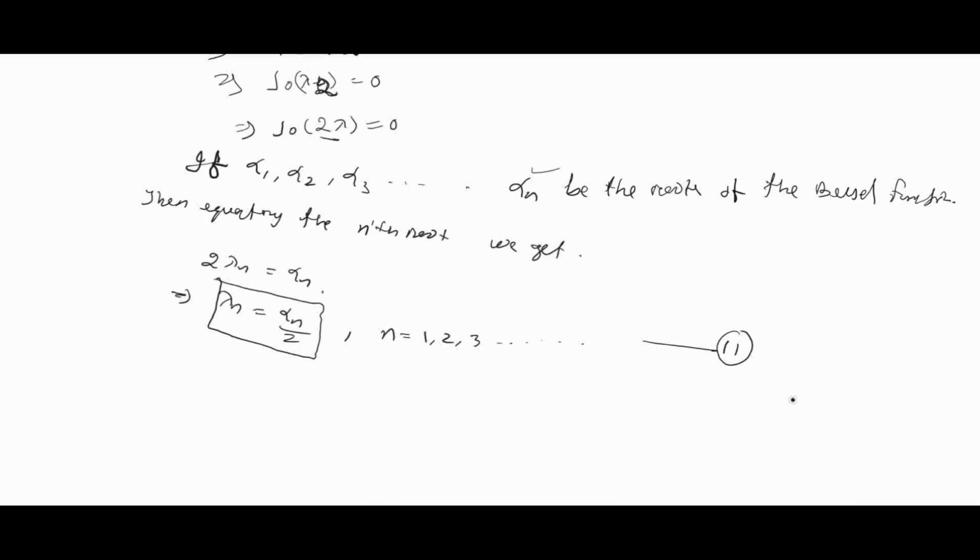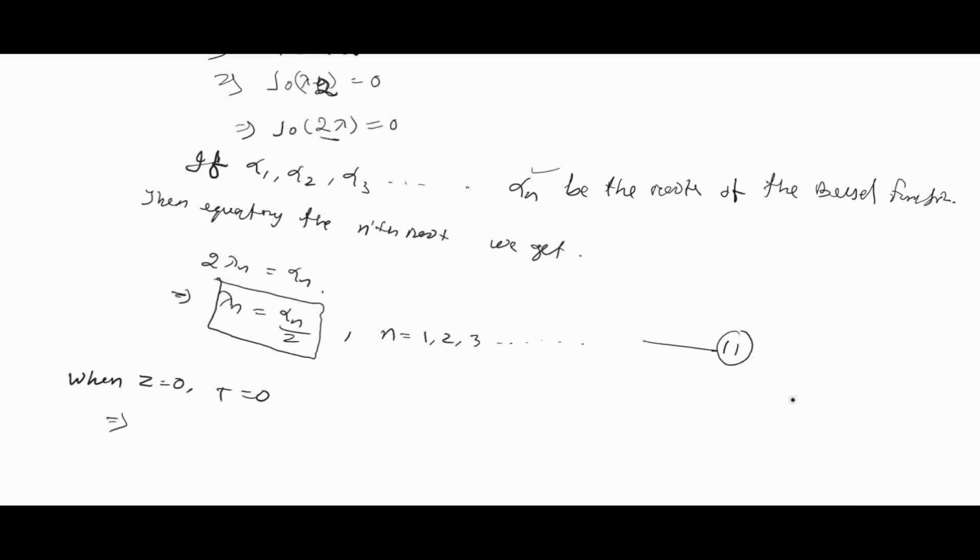Then next, when z is equal to 0, in that case what happens? When z is equal to 0, for any value of rho, T is equal to 0. So let us use that condition: when z is equal to 0, T is equal to 0.